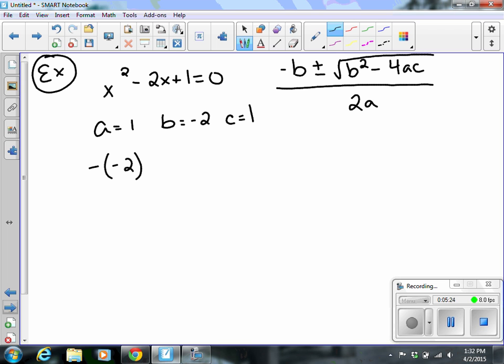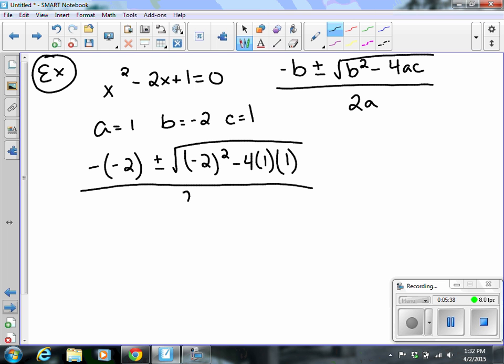So I have negative negative 2, that is 2, plus or minus the square root of negative 2 squared minus 4 times 1 times 1, again all over 2 times 1. So I'm going to simplify this. I have 2 plus or minus the square root of 0 all over 2.